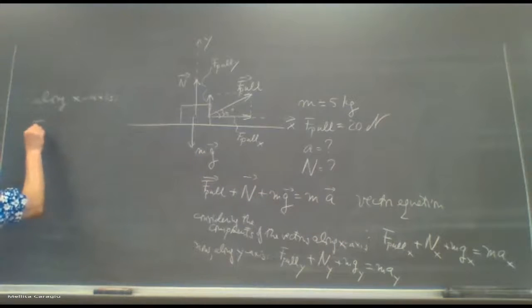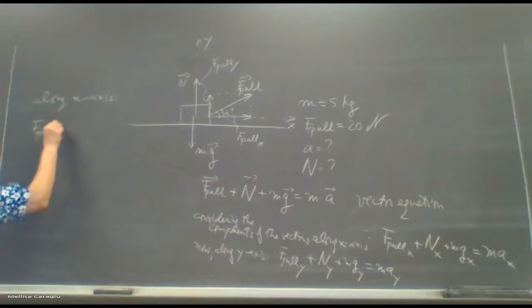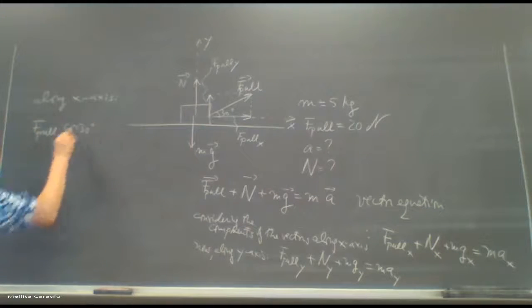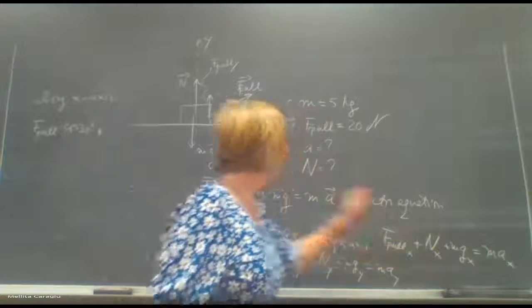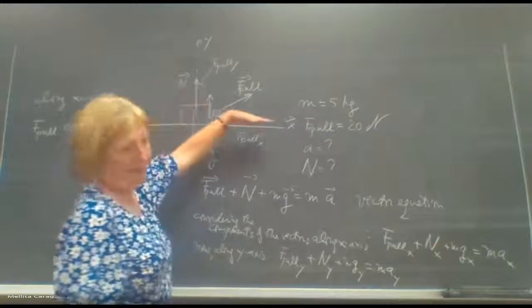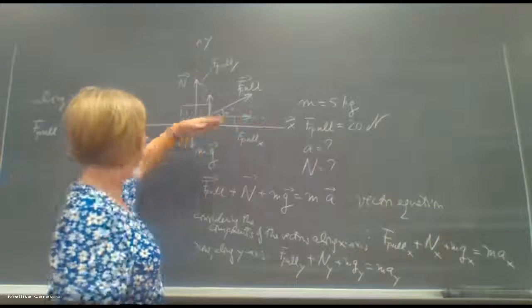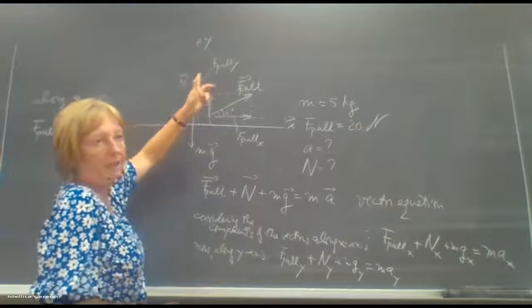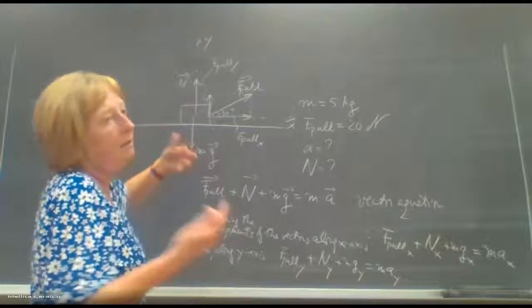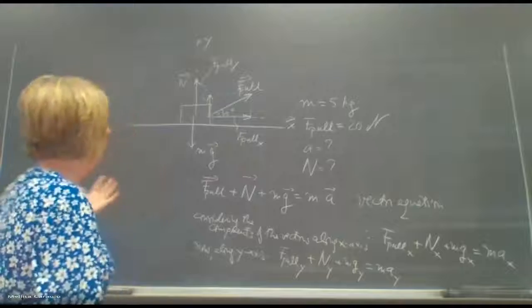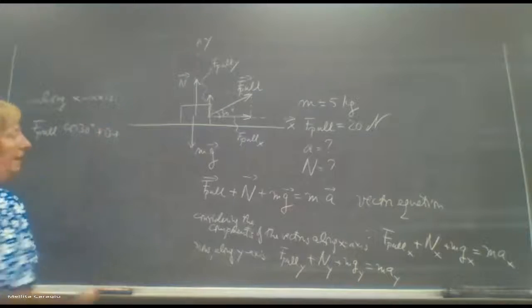So it's going to be F pull cosine 30. Then plus the component of the normal force along x-axis, it's 0 because the normal force is actually 0 i hat plus n j hat. So basically it's nothing along x-axis.